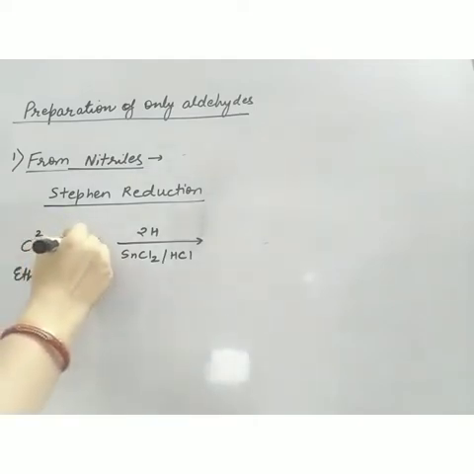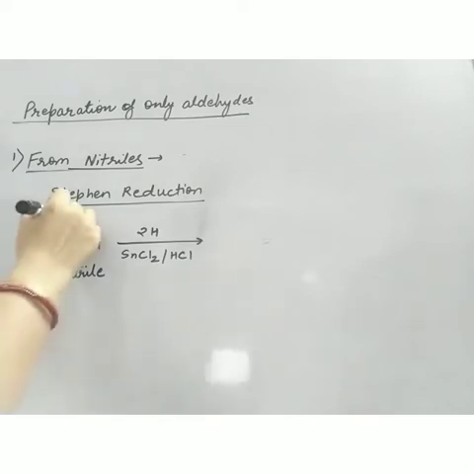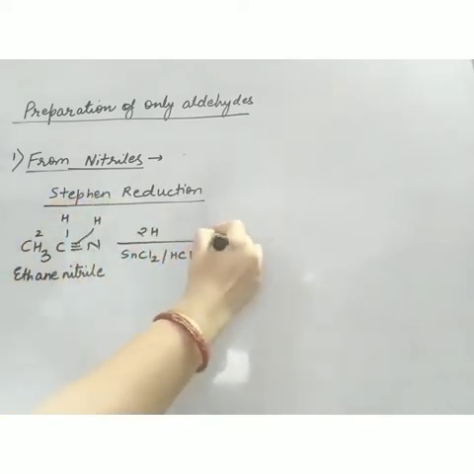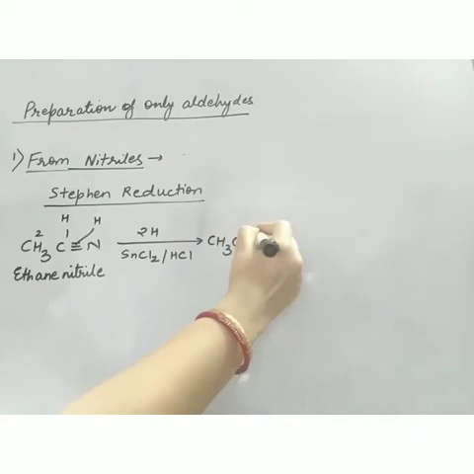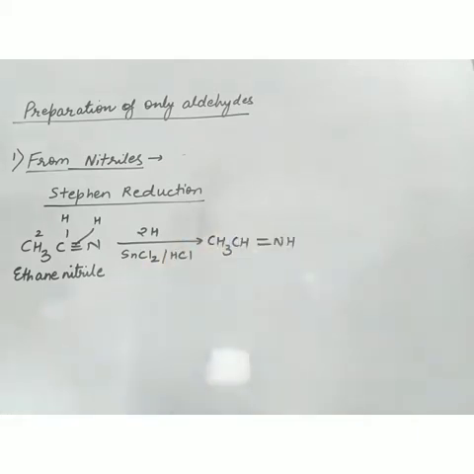Now what will happen? One bond will break because only 2 hydrogen atoms I have added. So 1 H here and 1 H here. So I will get CH3CH double bond NH. And this class of compound, when the nitrogen is doubly bonded to carbon, is known as imine.